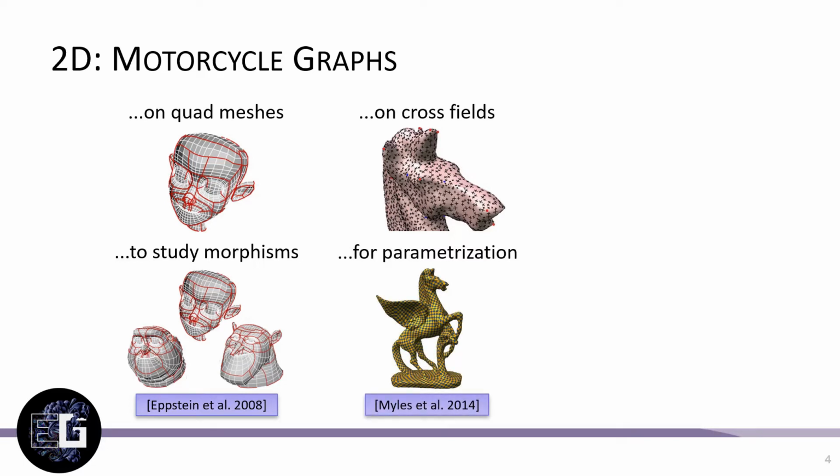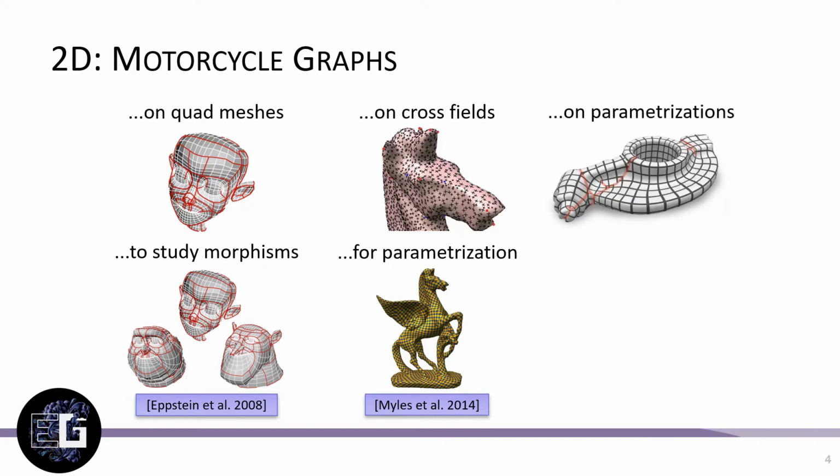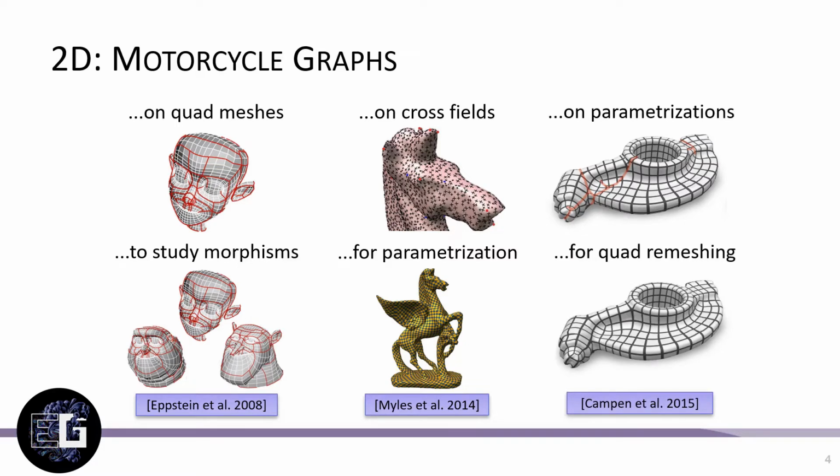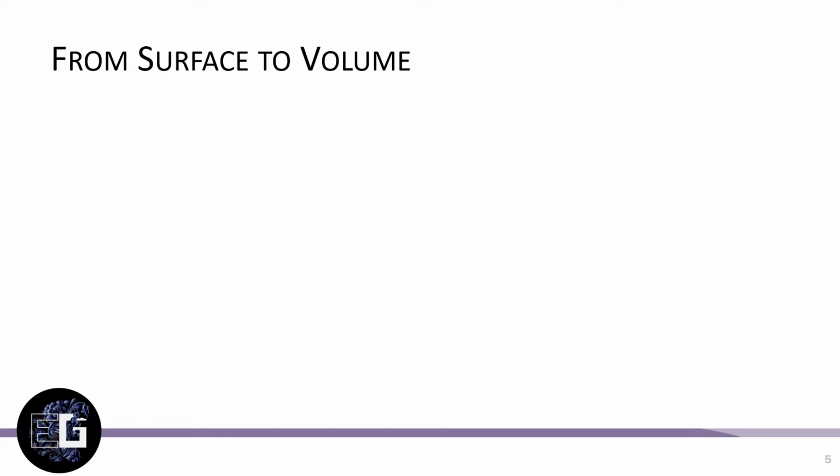The application most important for us was by Campen and colleagues, who used motorcycle graphs on surface parametrizations to generate quad meshes. Given this success of motorcycle graphs in the surface setting, let us consider the transfer to the volumetric context, which we are concerned with here.